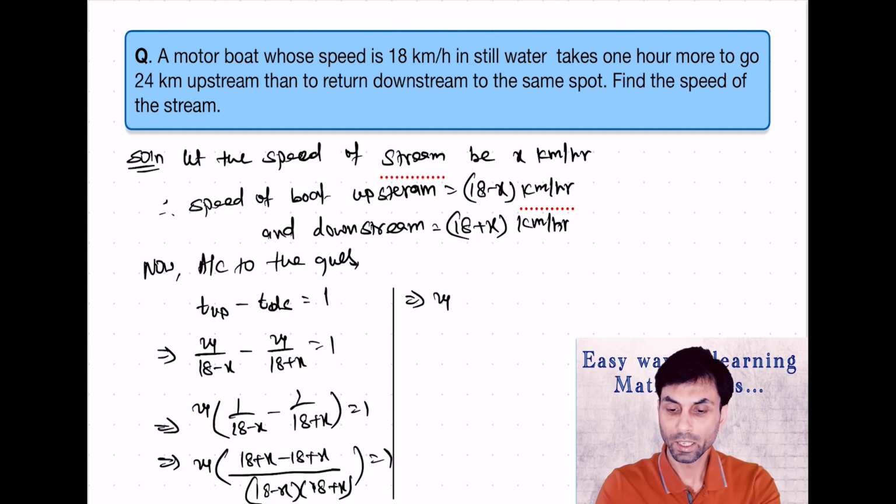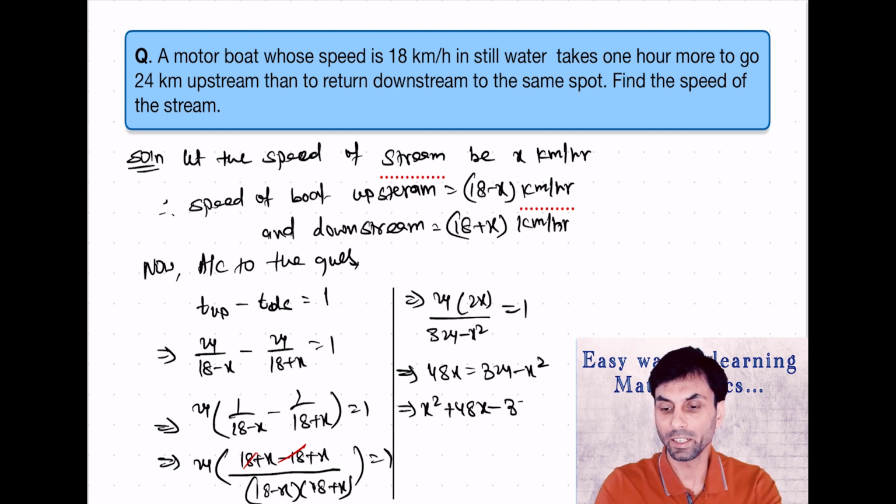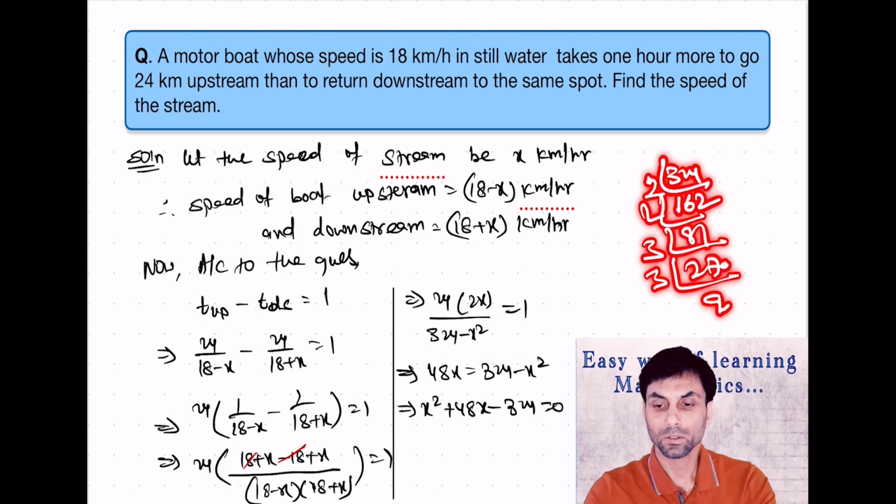Here 18 and 18 can be cancelled. We'll get 2x upon 18 square, which will be 324 minus x square equals 1. We can write it as 48x equals 324 minus x square, which can be written as x square plus 48x minus 324 equals 0.